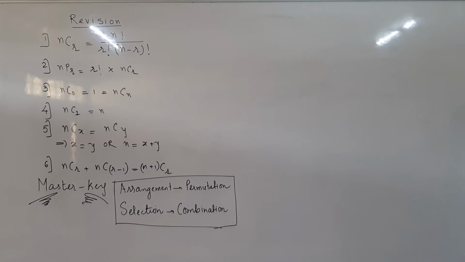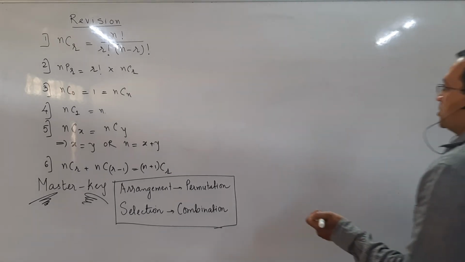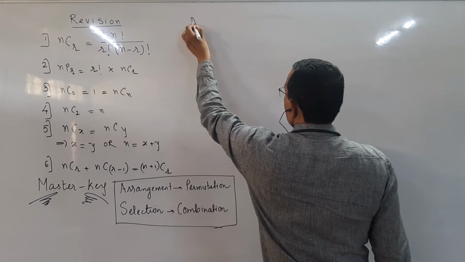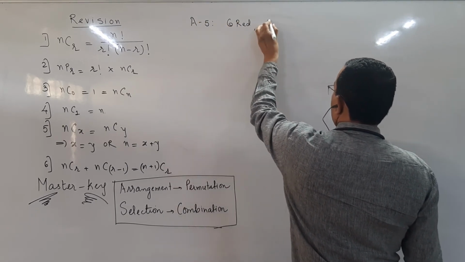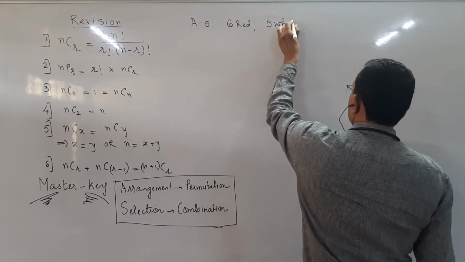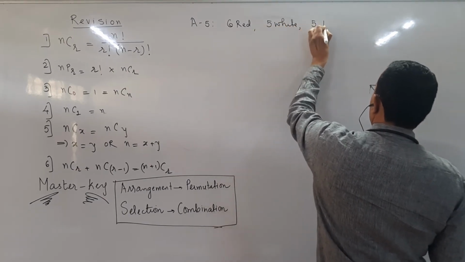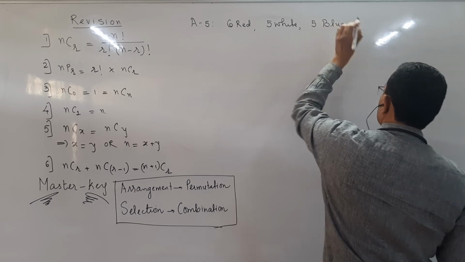The number of ways of selecting 9 balls from 6 red, 5 white and 5 blue. Okay students, answer 5. 6 red, 5 white and 5 blue.